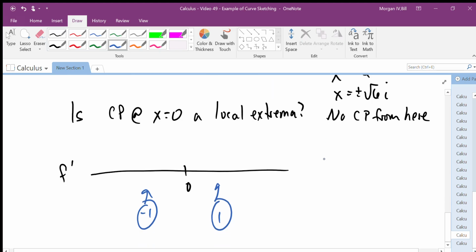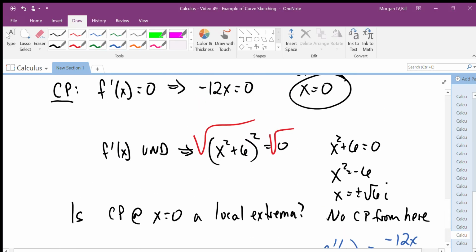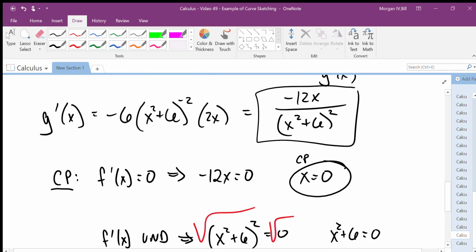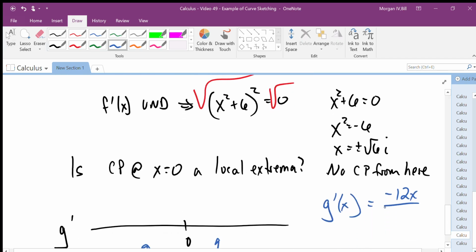So g prime of x is equal to negative 12x over x squared plus 6 squared.